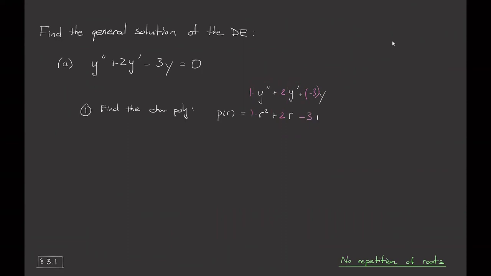We can think of that, if we like, as r to the 0, if it's more helpful, at least to start with, to see how these really line up. But long story short, we'll get r squared plus 2r minus 3. Now, with that characteristic polynomial, what we do is we find its roots, or find the zeros. It's the same thing we're trying to find.